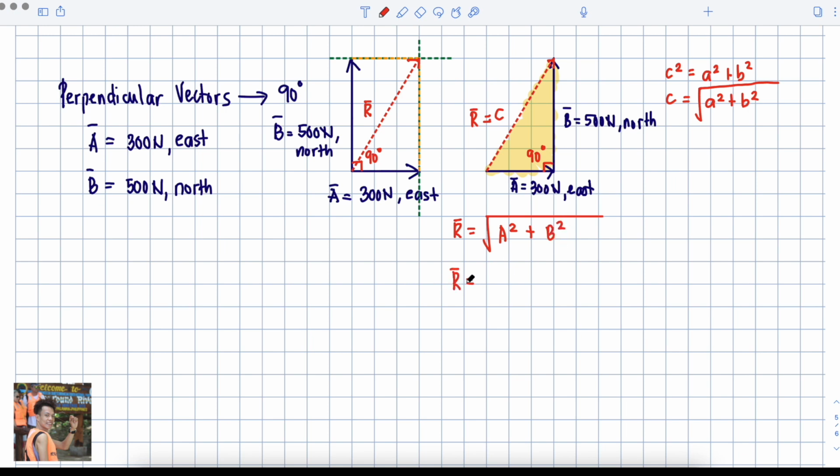R is equal to the square root of a, 300 newtons squared, plus b, 500 newtons squared.